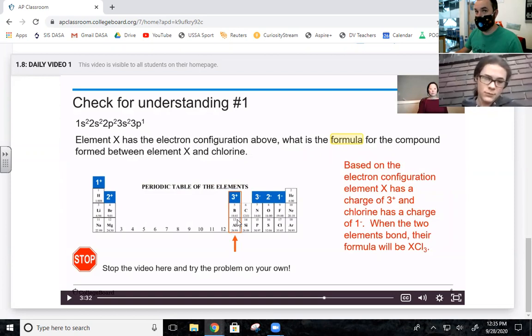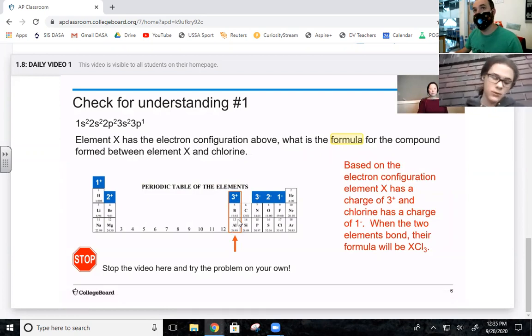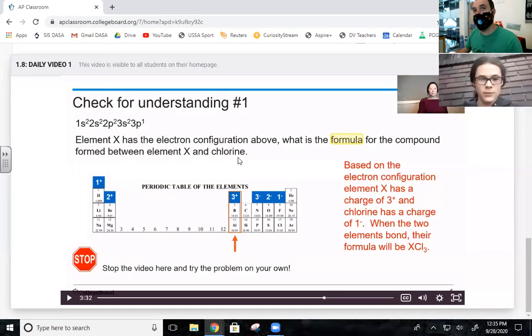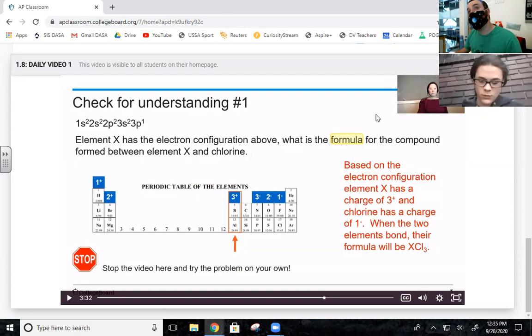It's going to want 3 more electrons, essentially. And how would it bond with chlorine? Chlorine is over here, right? It wants 1 more electron.